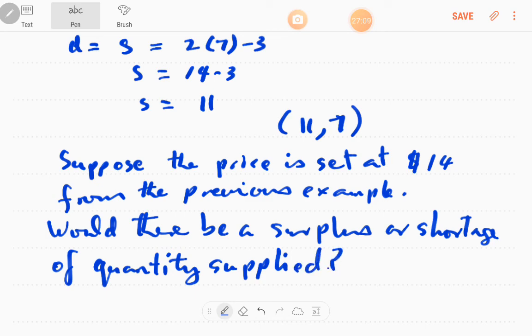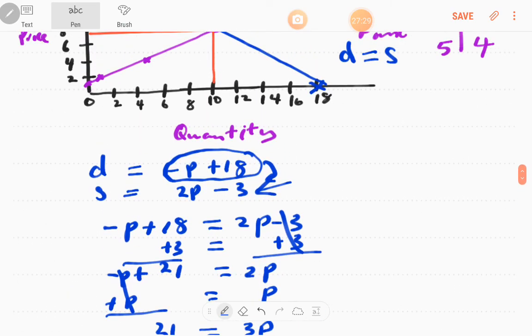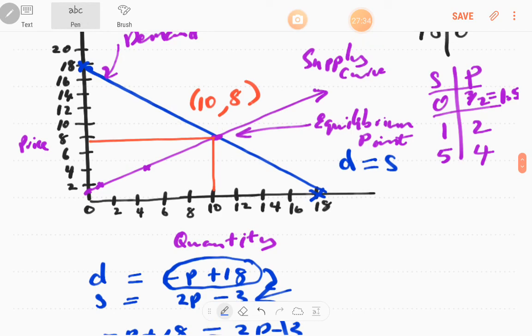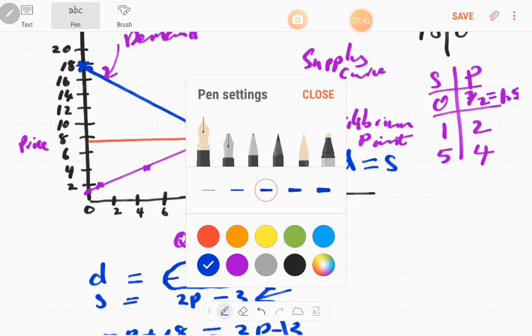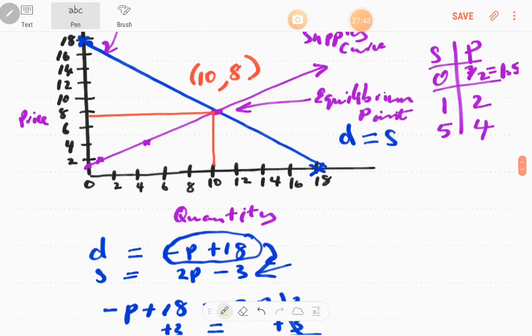Okay, so let's look at this question. We're saying the price is 14. Would there be a surplus or shortage? If we go back to the graph, what happens when the price is 14?